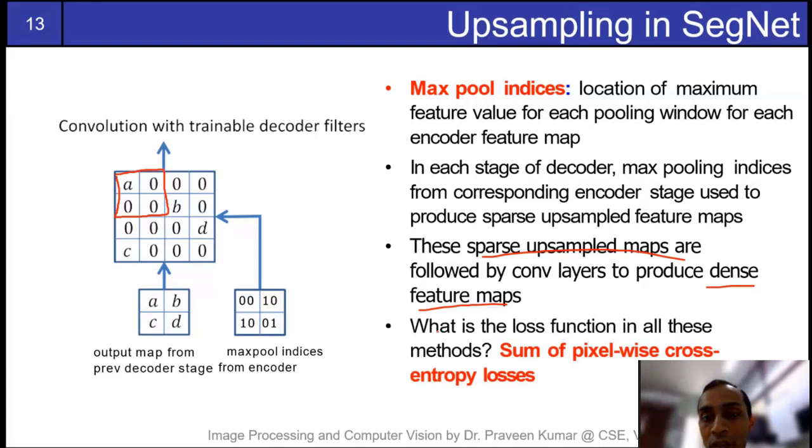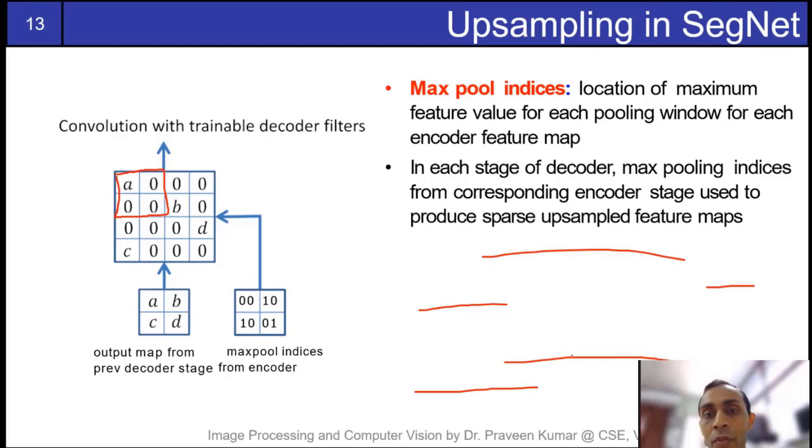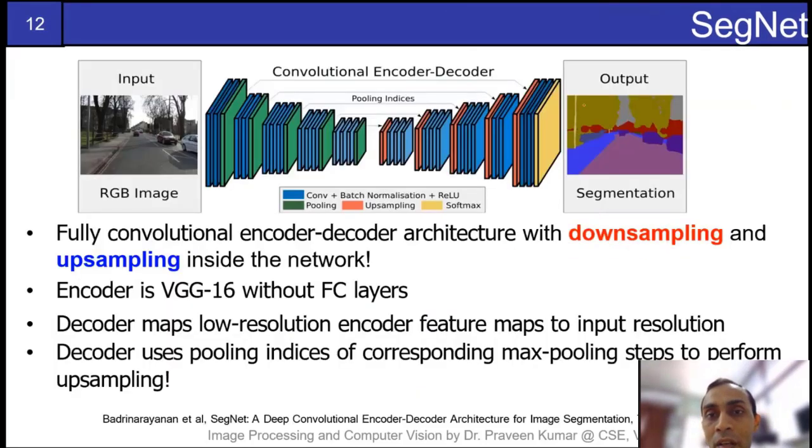And of course, for the loss function to train this, we use the sum of pixel-wise cross entropy loss. Cross entropy is basically a softmax function. So the total loss will be the sum over pixels: for each pixel we take the loss and do a summation over all pixels.